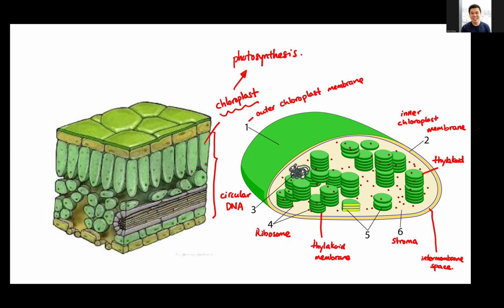That fluid region is called lumen. So thylakoid is made of thylakoid membrane and the fluid inside, the lumen. You do need to remember the names of these locations, such as stroma, thylakoid, and lumen. A stack of thylakoids is called a granum. All the stack structure right here is called a granum.